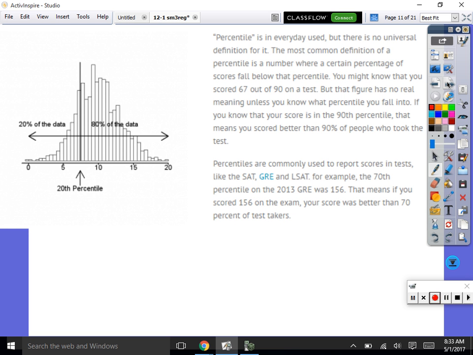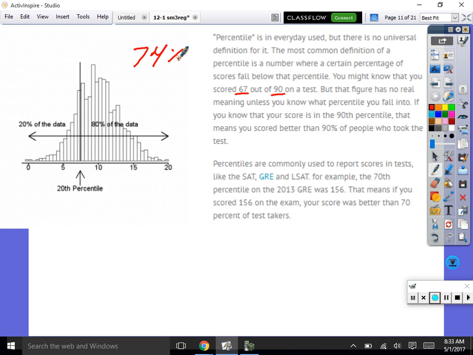Does that make sense? Let's say if you were just going off of that, if you got 67 out of 90, what percent technically did you get? 67 divided by 90 is what percent? 74%. So you might be thinking, well, I didn't do that good. But then they say to you, but you scored within the 90th percentile.